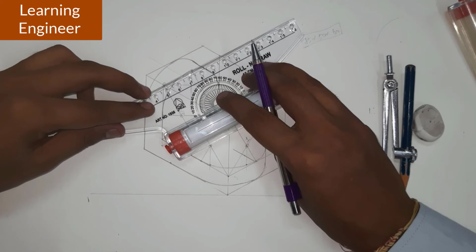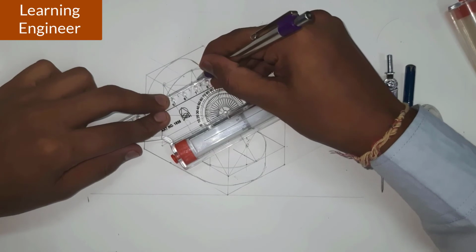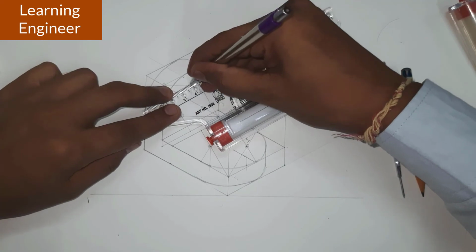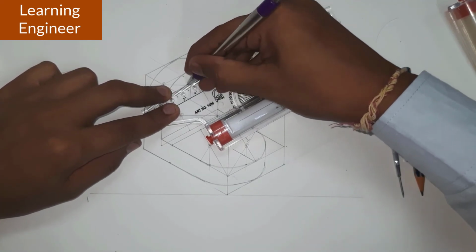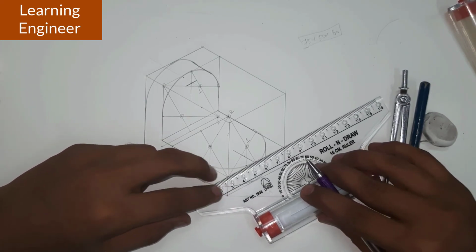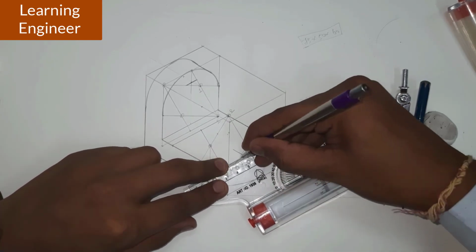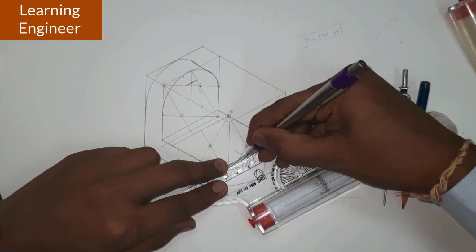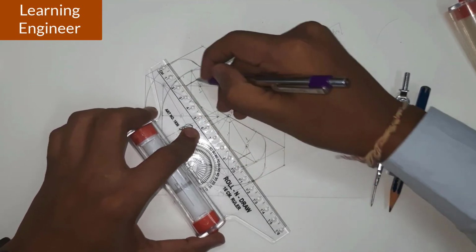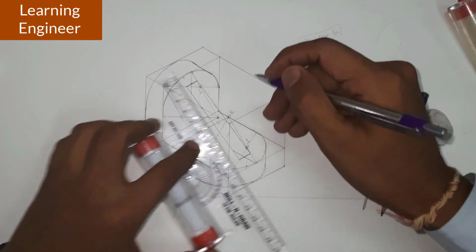Now we have to locate that 5 mm from both the sides, so that we can simply join and directly join the located points.